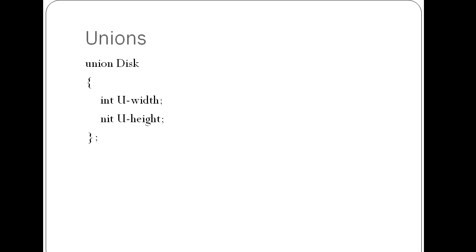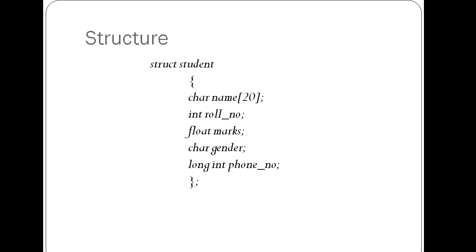The total memory allocated to disk will be equal to the largest member of that particular union. I hope you understood this. Anyways, we are going to see it in detail in a later tutorial. As of now, the difference between structures and unions is the memory allocation.